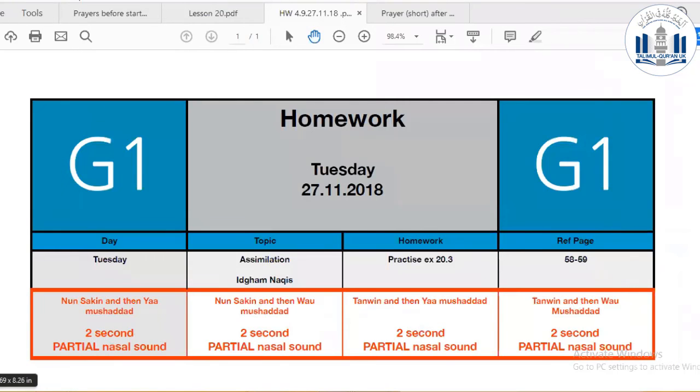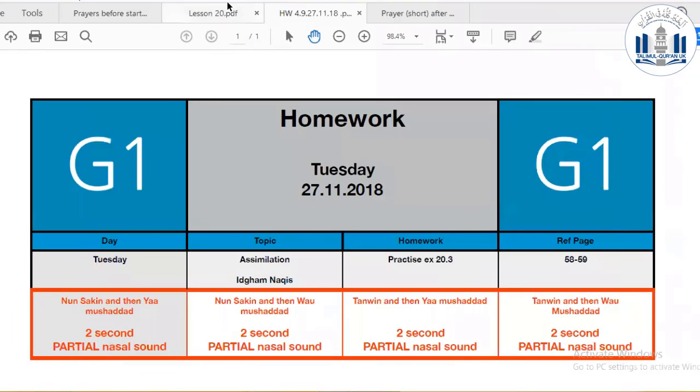So if you want, you can take a picture of this, or just write this down quickly to help you, because it just tells you about Idgham Kamil and Idgham Naqis in a condensed sort of way. Okay, so your homework is to practice exercise 20.3. And remember that 2 second nasal sound that has to be produced in exercise 20.3. So that's your homework.